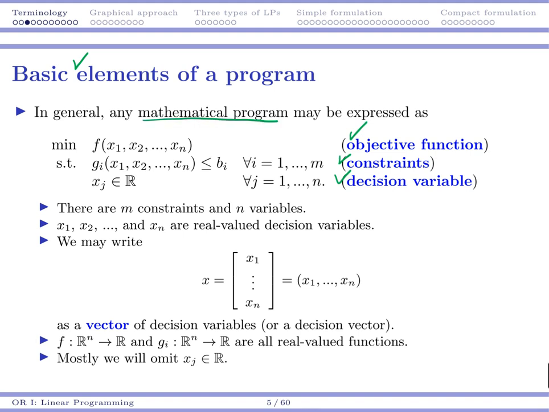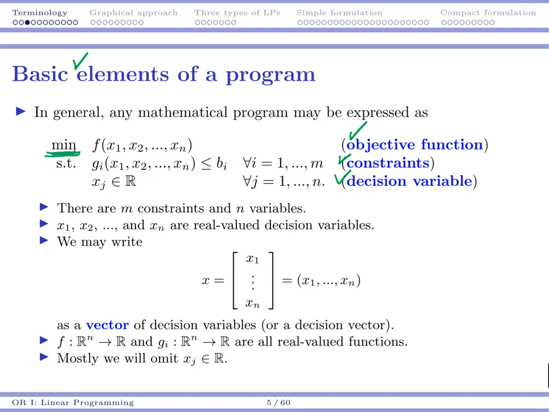Basically, a program is to make some decisions, so there must be some variables, some quantities that we want to decide. The production quantity, the price of your product, the inventory level, and so on. These x1, x2 up to xn are all real numbers, and we call them the decision variables, the variables that you want to choose values for.